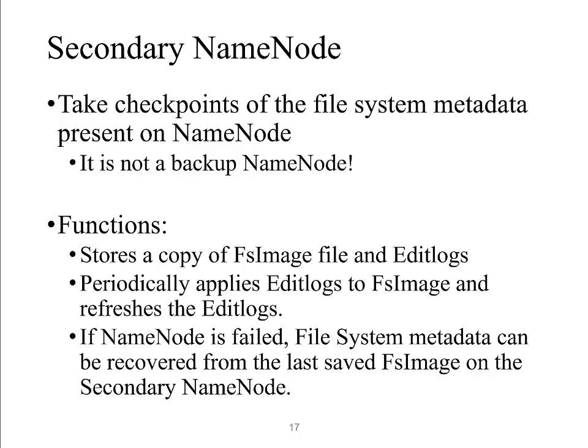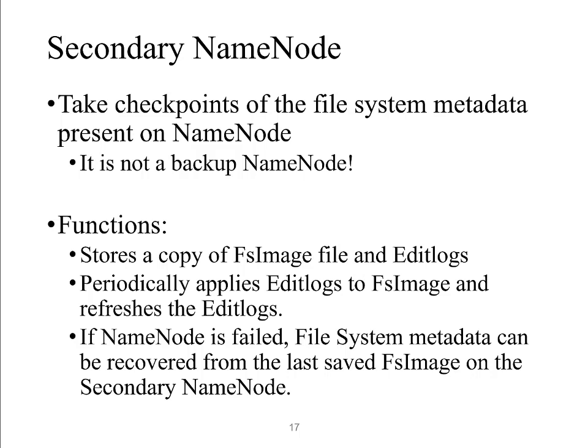They have different functions and serve different purposes. So the functions of the secondary name node include, first of all, storing a copy of the FS image file and edit logs. On top of that, a secondary name node periodically applies edit logs to the FS image and refreshes the edit logs.